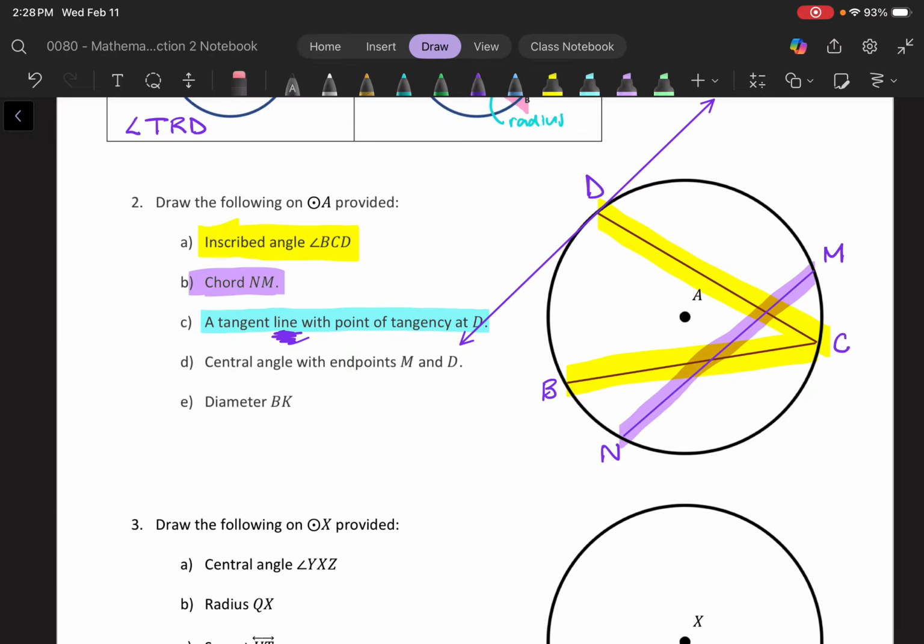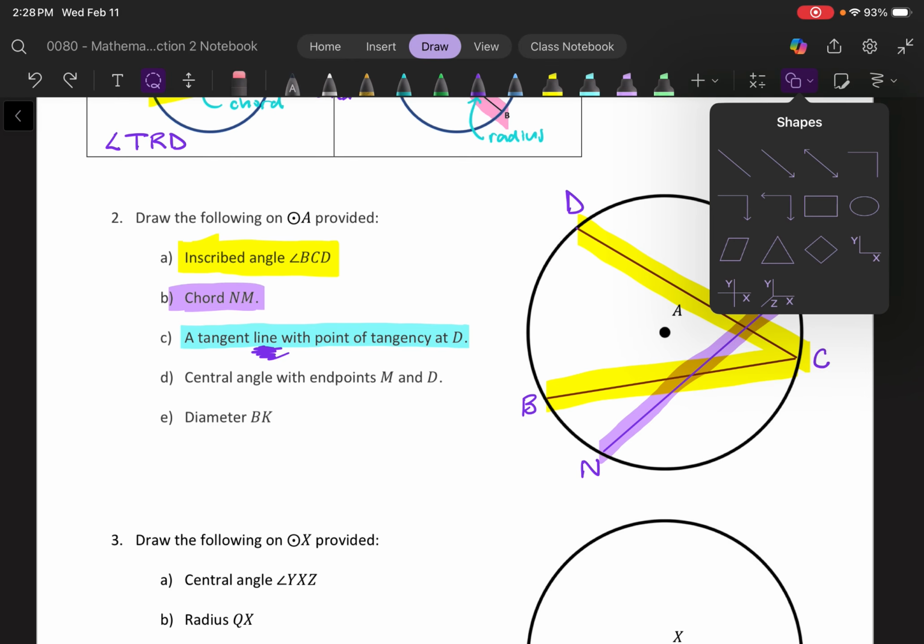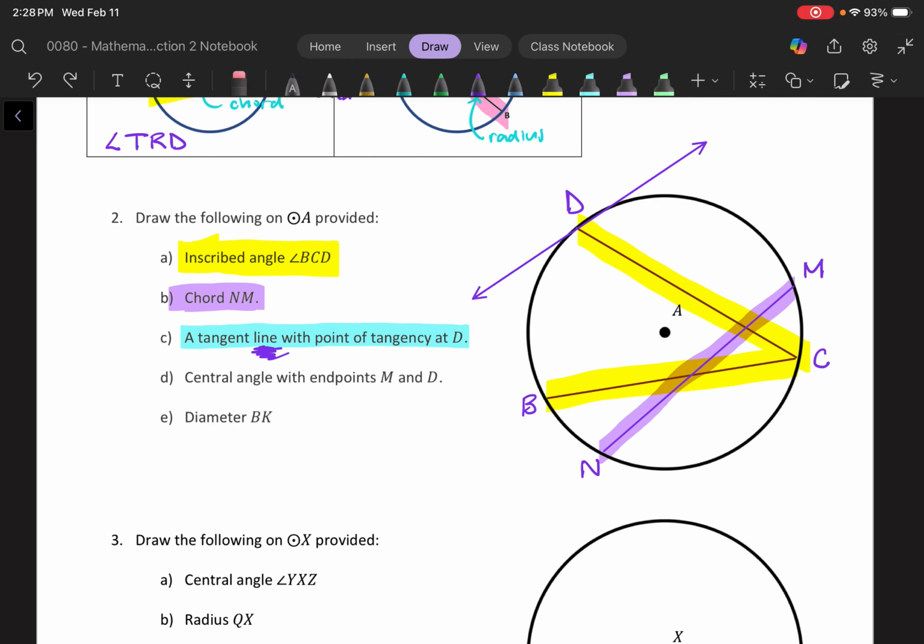Ugh, I'm just going to redraw it. When I do this, I want to make sure that my tangent line is touching the circle only once.